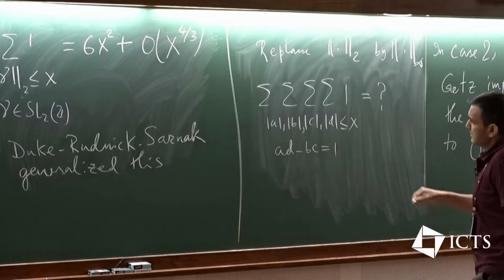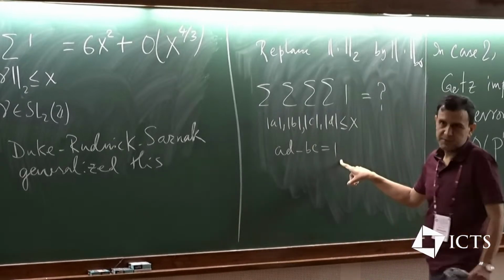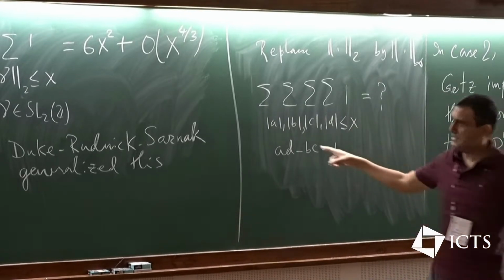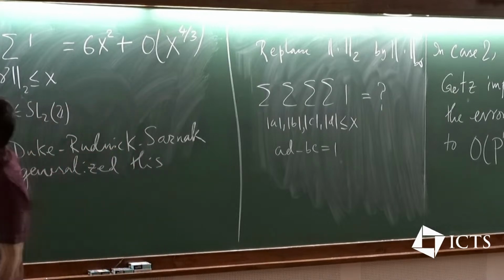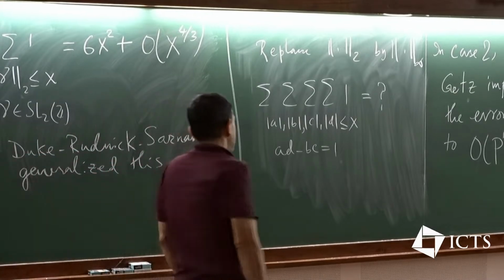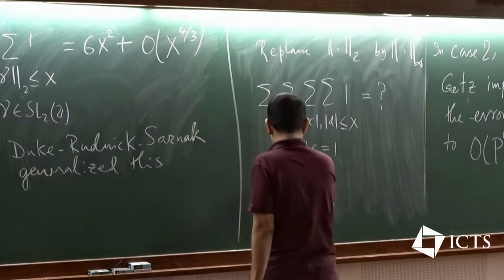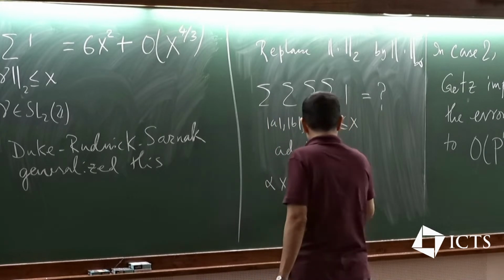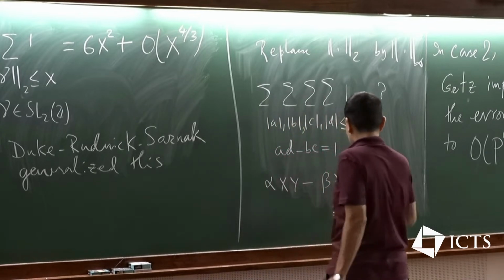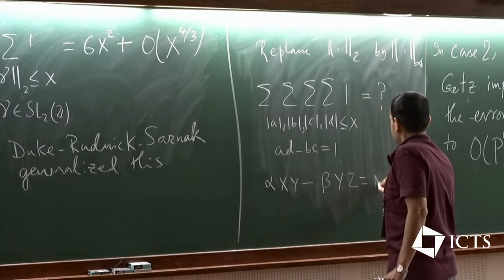And you see this is an indefinite form, this is non-zero. So this is an example of what we have to consider. In fact, our method will work for any equation of this kind.